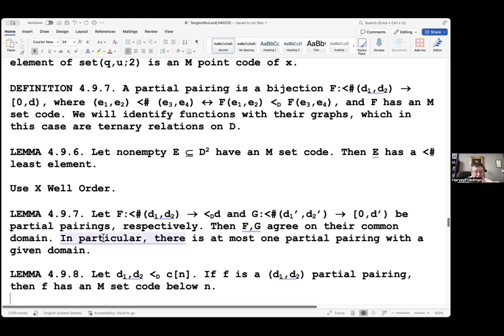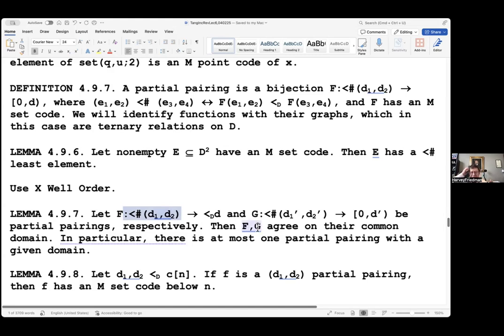All right. Now, suppose I have a map F from less than sharp D1, D2, so this is a set of pairs that's Lexmax below this particular pair D1, D2, into the initial segment up to D. And G is something similar with primes, be the partial pairings respectively.